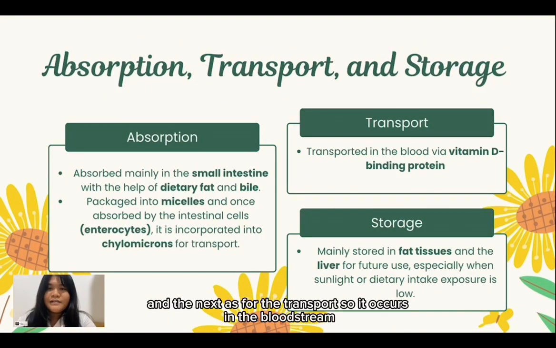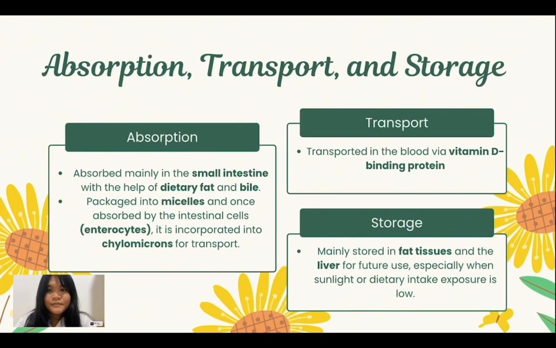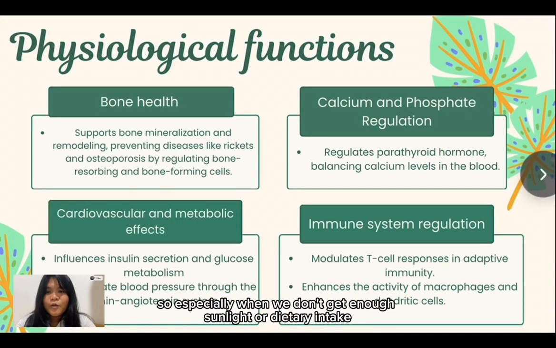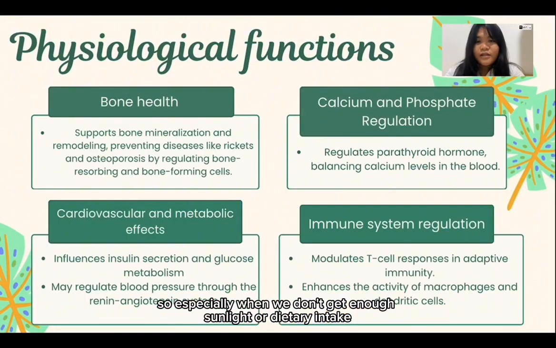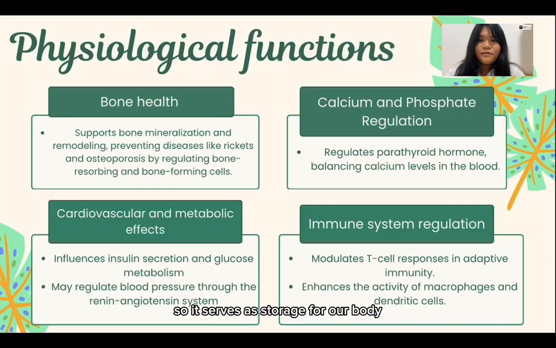As for transport in the bloodstream, vitamin D travels with the help of a special protein, the vitamin D binding protein. As for storage, once in the body, vitamin D is stored in fat tissues and the liver, where it stays until the body needs it, especially when we don't get enough sunlight or dietary intake. So it serves as storage for our body.